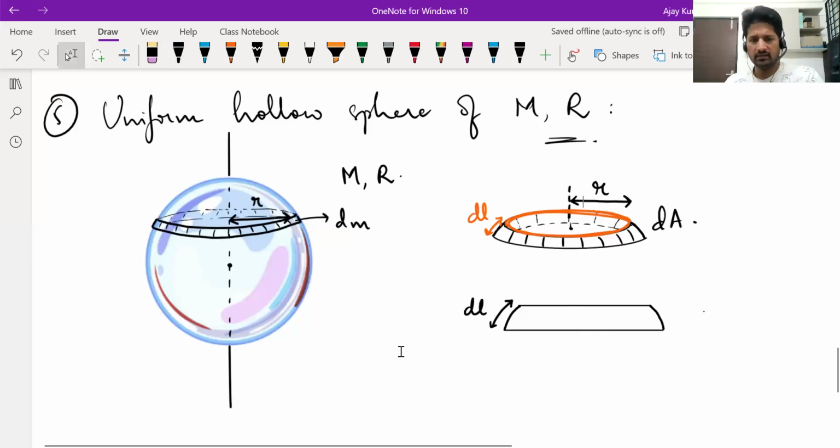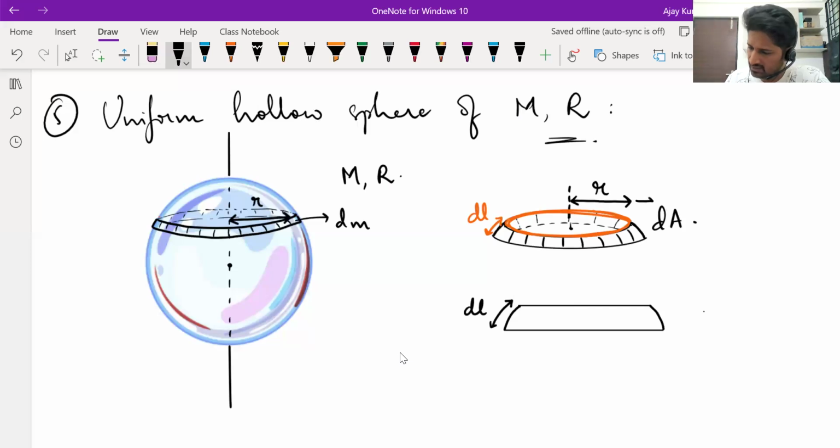So what we need is an expression for the mass of this ring element in terms of that radius, which, as we have discussed in center of mass also, is difficult to express. Because r is that horizontal distance from the axis to the ring. Then dr, mathematically, means a small change in r. It should be in the same direction as r. But the slant length of that element that you take, which is dl that you see in the diagram, it's not the same as dr.